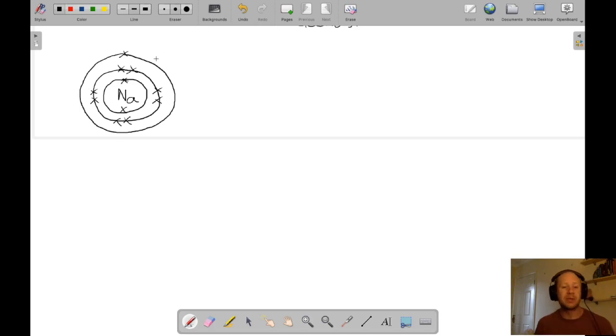There we go. Getting much better using this stylus to draw my shells. So when we create an ion, if you remember, what happens is that we either lose or gain electrons. In this thing here, you'll see that this electron is all by itself. And so to form an ion, this electron will fly away. So we'll lose one electron. And so then what will we get?